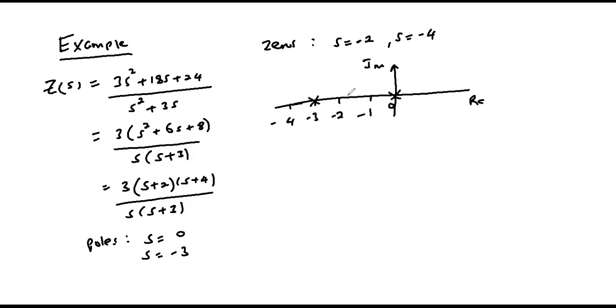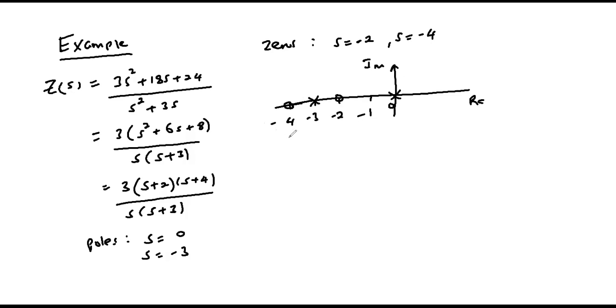Then we have a zero at -2 and a zero at -4. All the poles and zeros fall on the negative real axis, and we have a pole-zero arrangement. That means they interlace on the negative real axis, and property number 1 is realized.